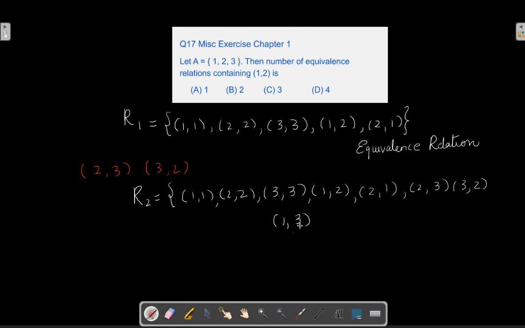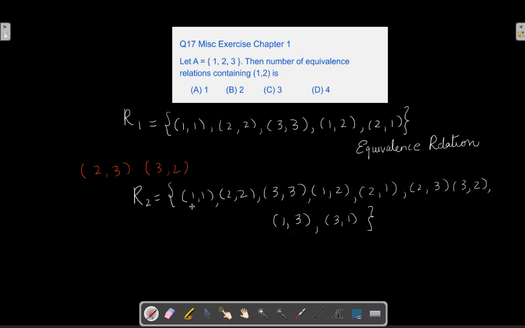The moment I add 1, 3, then to keep the symmetric aspect, I have to have its partner 3, 1. And so what do we end up with? We have actually covered all the 9 elements, and therefore this is definitely the largest equivalence relation, which is the universal relation.